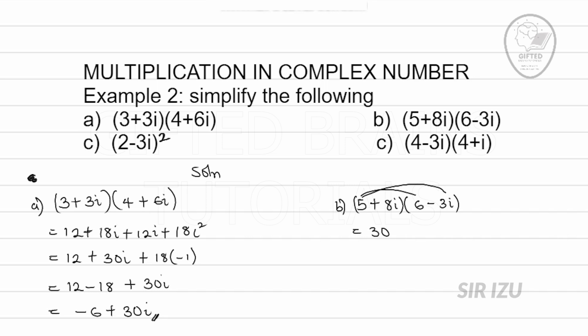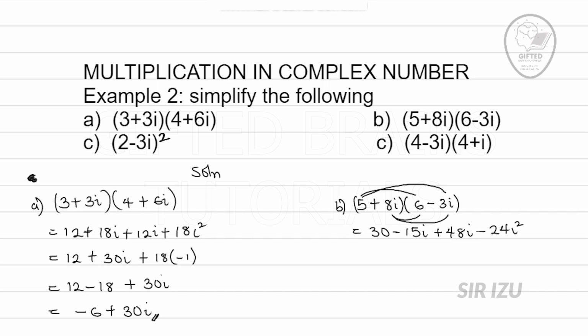And then 5 multiplying minus 3i will give us minus 15i. Now use the 8 to multiply the 6, and use the same 8 to multiply the 3i. So 8 multiplying 6 will give us plus 48i, and then 8i multiplying minus 3i will give us minus 24i squared.